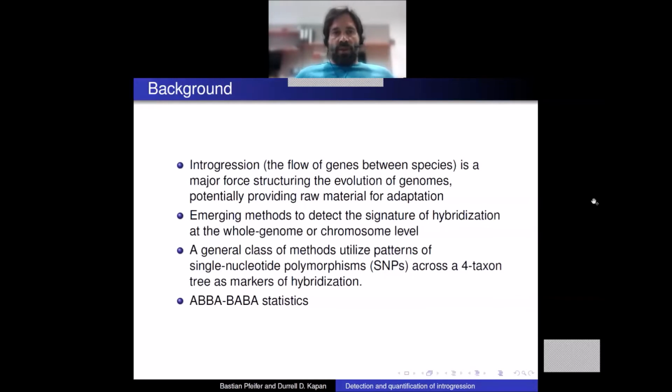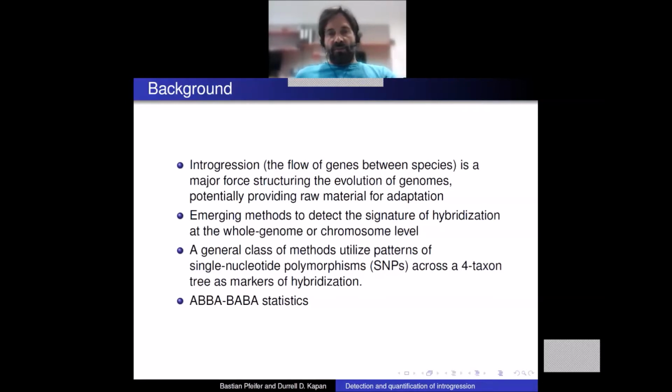So what is introgression? It refers to the flow of genes between species and is considered to be a major force structuring the evolution of genomes, which potentially can provide raw material for adaptation. And the last years have seen quite a lot of methods in the field, which can be applied to whole genomes or on smaller genomic windows to quantify and to detect introgression.